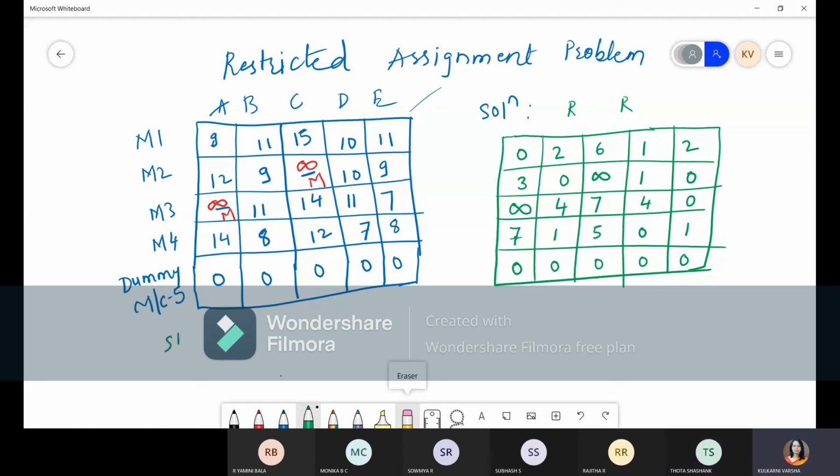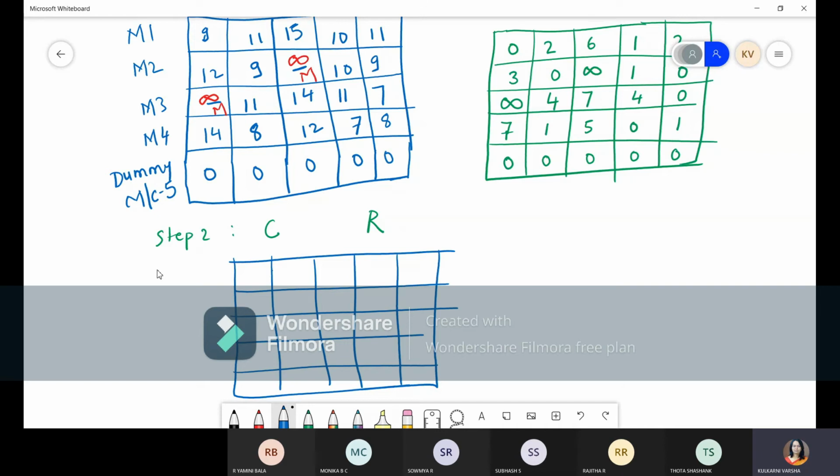Now the next step, step 2, is column reduction. Here 0 is there, so no change. Sometimes the infinity symbol can look like 8, so you should not get confused. It's better practice to write it as M only. Then this is 7, this is 0. Again 0 is there, so there won't be any change.